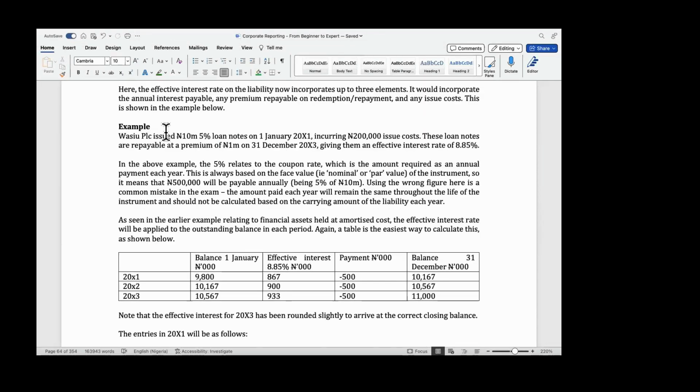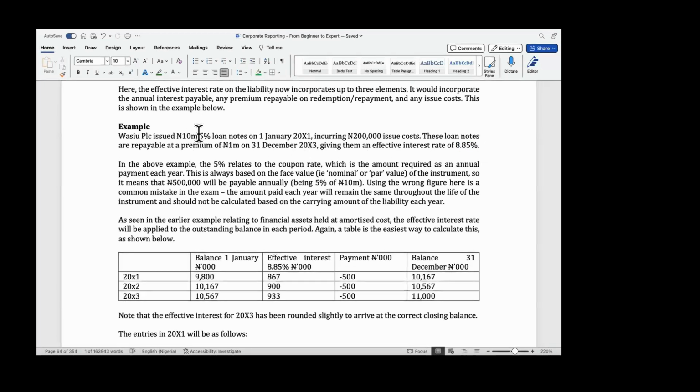Okay. So we have this scenario. The company issued a 10 million 5% loan note in January 2001, and incurred an issue cost of 200,000. The loan notes are repayable at a premium of 1 million on 31st December 2003, giving an effective interest rate of 8.85%.